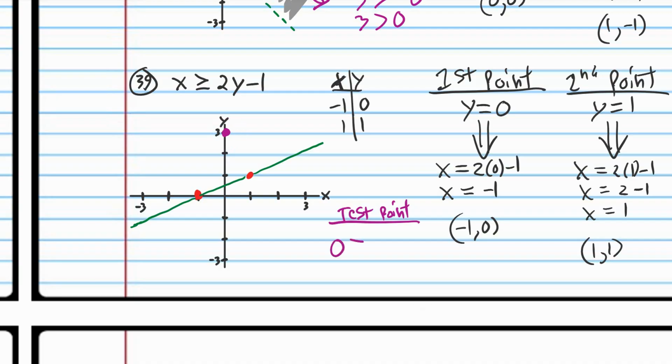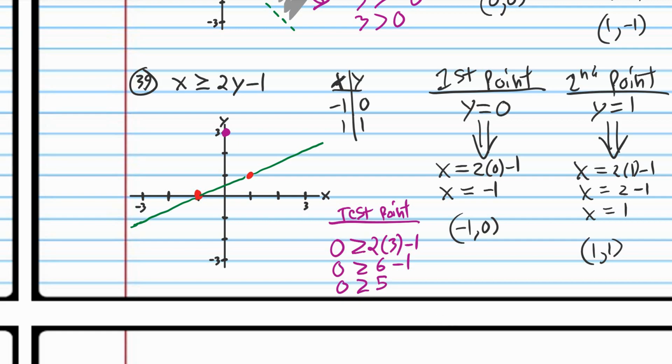So we plug it into the inequality. Again, I just plugged in 0 for x and 3 for y. And so simplify that. 2 times 3 is 6. And 6 minus 1 is 5. So you tell me, is 0 greater than, I didn't put my equal to there, is 0 greater than or equal to 5?